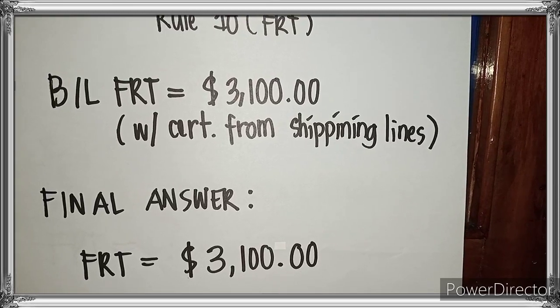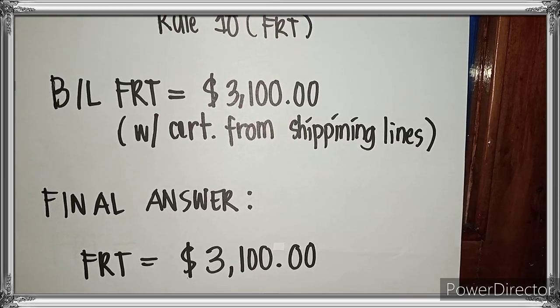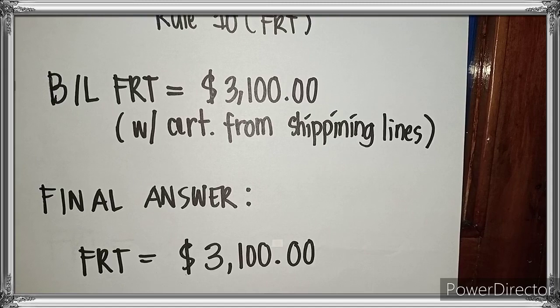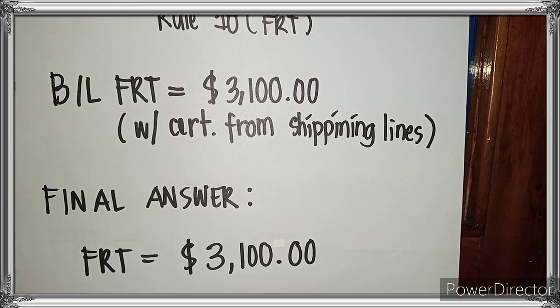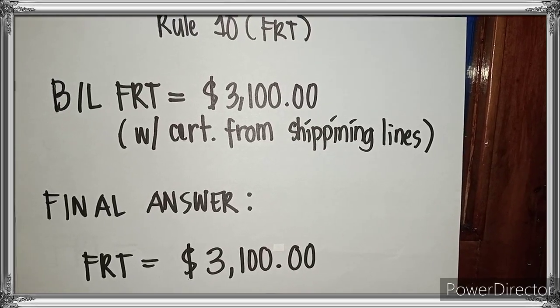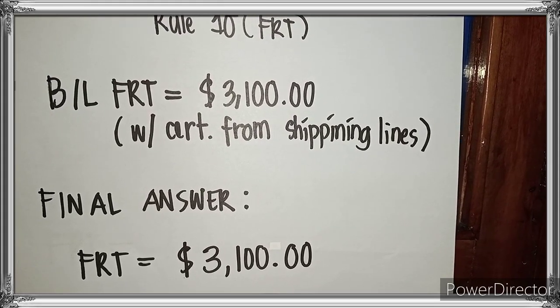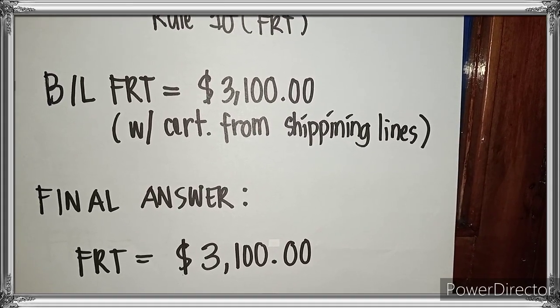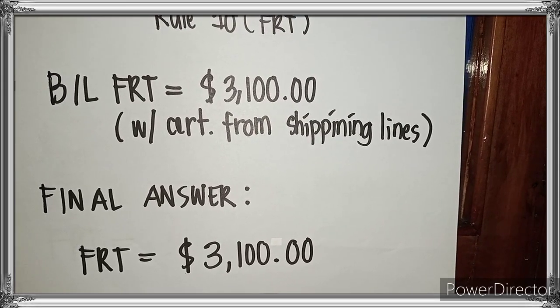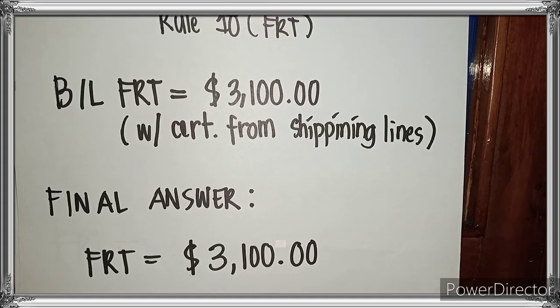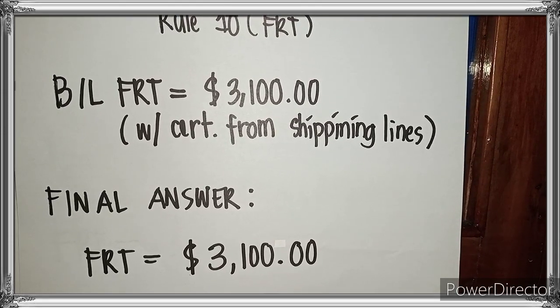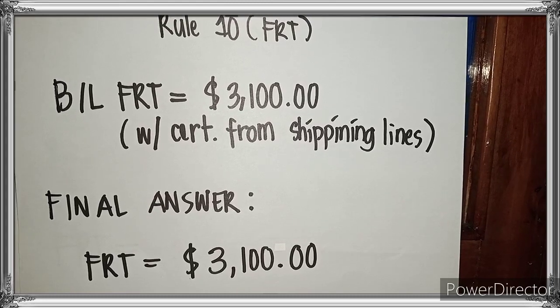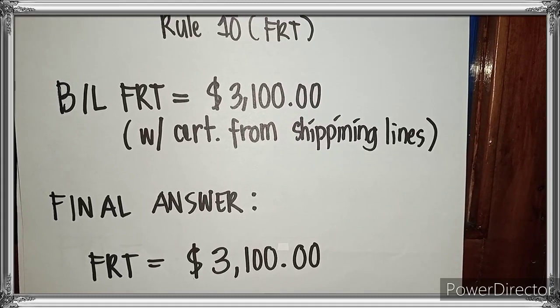So the bill of lading freight is equal to $3,100 with certification from the shipping lines. Then our freight is the BL freight of $3,100. Why is it that we directly took $3,100 as our freight?